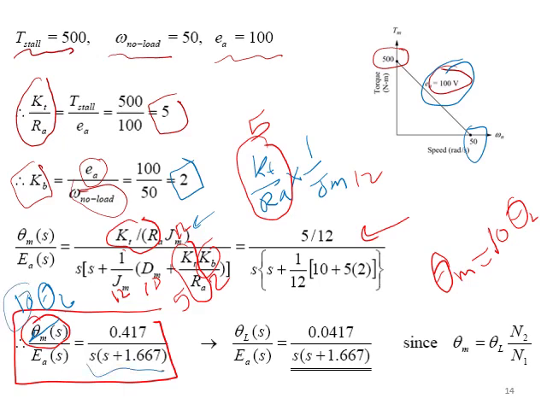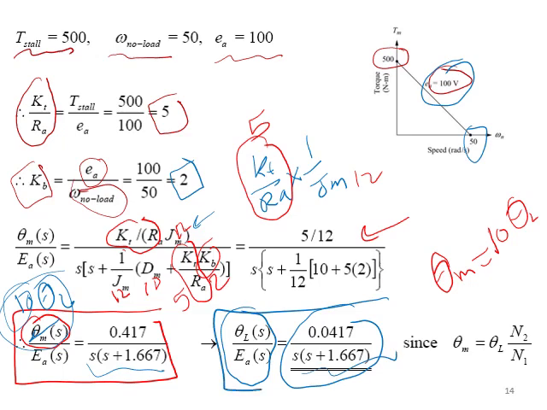We cannot keep this 10 here, so we divide both sides by 10. Dividing this side by 10 results in theta L over Ea, which is what we want. Dividing the other side by 10 results in 0.0417 over this denominator. And this is the transfer function we are looking for. See how easy developing the transfer function is? Only calculating the constants and feeding them in the equation.